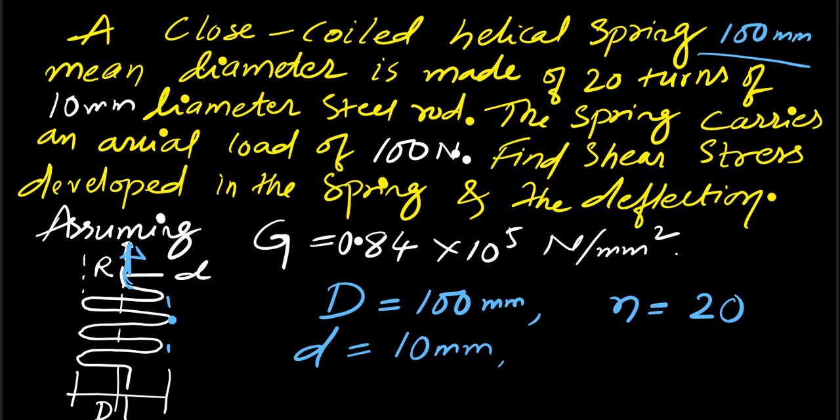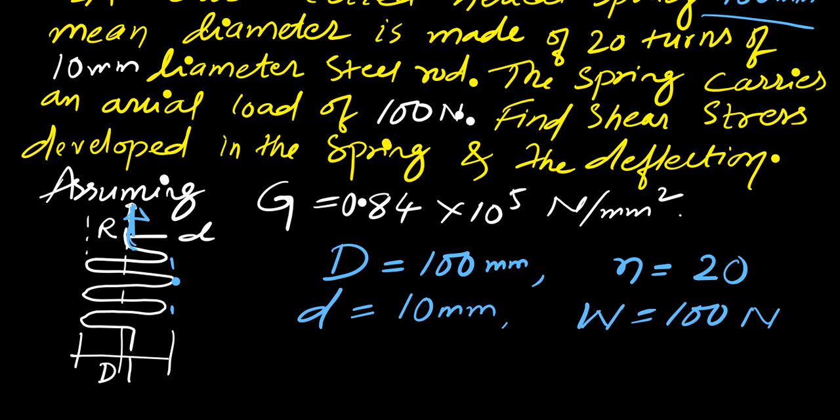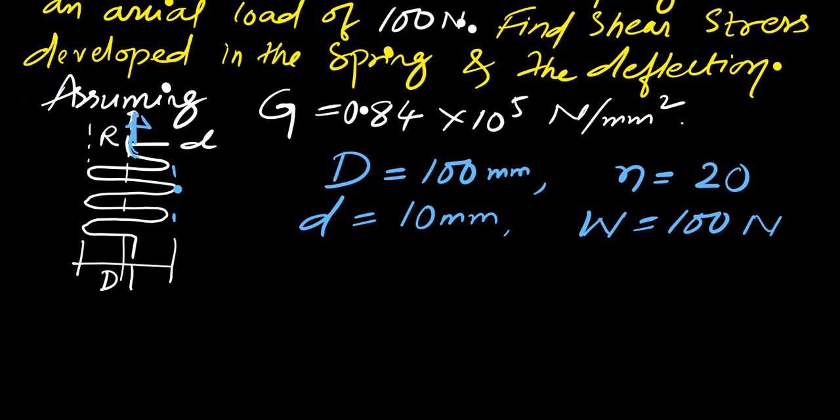Let us say that load will be W and it is given as 100 Newton. You need to find the shear stress developed in the spring, that is tau, and the deflection, delta. These two values you need to find for the spring.